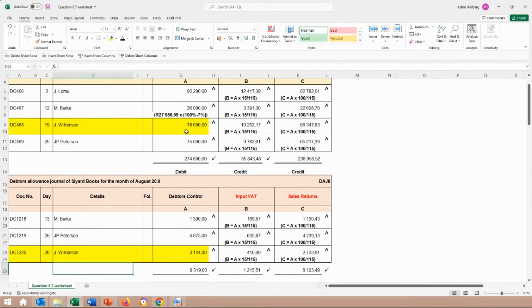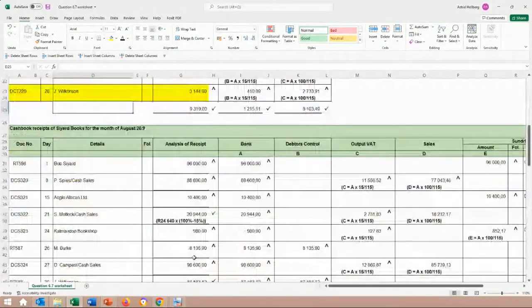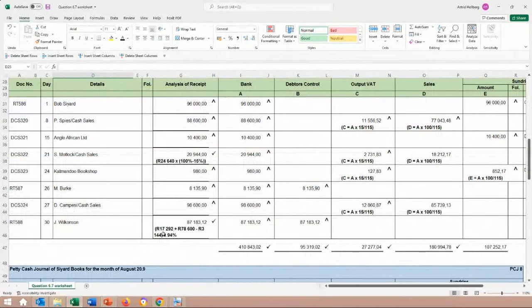So you take your opening balance, you add his additional purchases for the month, you deduct anything he has returned, and then you've worked out his new balance. So this is what's in the bracket here. And once we've worked out the new balance outstanding, then we apply the 94%. That is what we physically receive, and that is what we account for here.